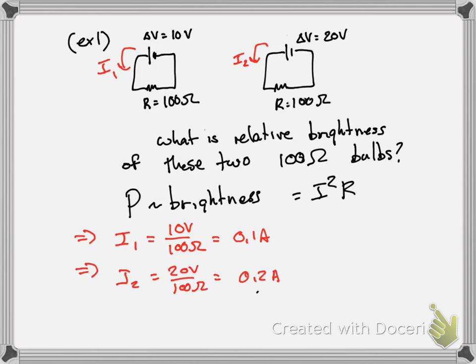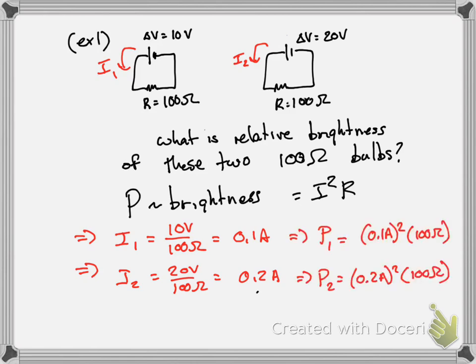And so the brightness is I squared R. We could have done all this without numbers to figure out a proportionality. But anyway, the brightness, or the power, is I squared R. And so when you plug in the numbers, you get that the power of the light bulb on the left with 10 volts is 1 watt, and the power of the light bulb on the right with 20 volts is 4 watts.